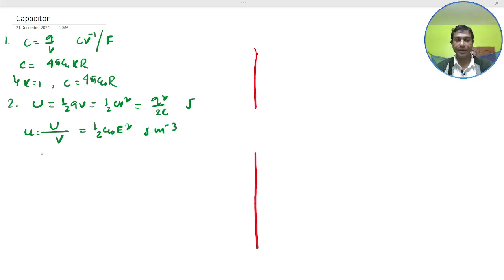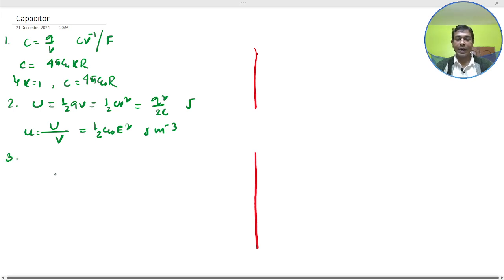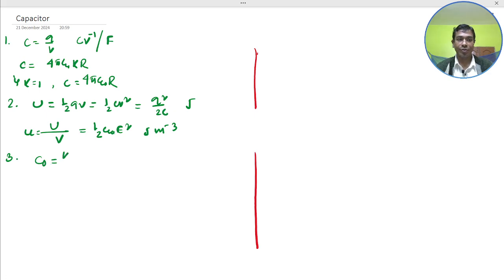Now the capacitance of a parallel plate capacitor is C equals K epsilon naught A by D, where A is the area. So C is proportional to A, proportional to 1 by D, and proportional to K. If in the medium K equals 1, then C naught equals epsilon naught A by D.